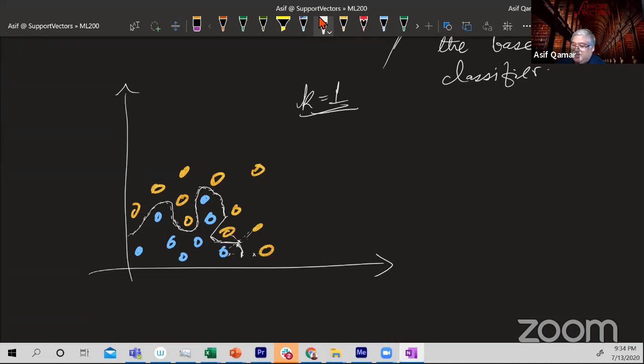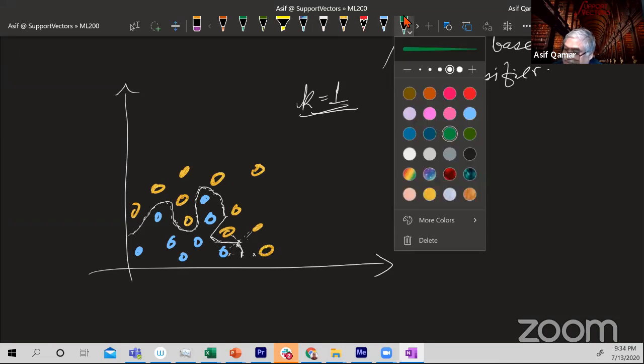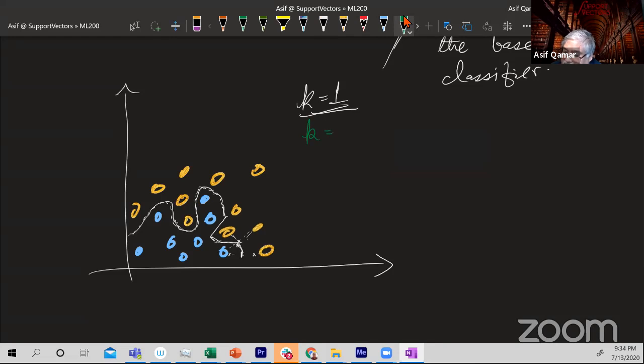Now keep the same thought in your mind, and I'll use a different color. Let me use the green color, perhaps, for k is equal to, let's take k is equal to, how many points are there? 3, 7. K is equal to 3. Let's look at k is equal to 3. Go back anywhere.